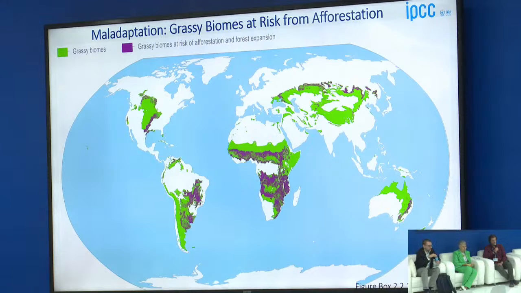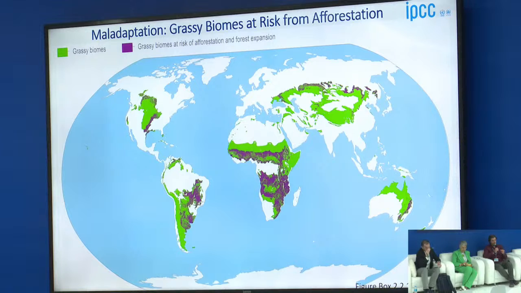And so this is a map globally looking at grassy biomes such as savannas or grasslands in green, and in the purple color is areas of what might be termed degraded ecosystems. But if you live in those ecosystems, like a grassland in Ethiopia or a savanna in Kenya, you know that these are ancient ecosystems that have adapted and evolved in the context of mega herbivores and regular wildfires, and they're not degraded, they have their endemic biodiversity. Millions of people depend on them for their livelihoods, such as through agropastoral contexts.